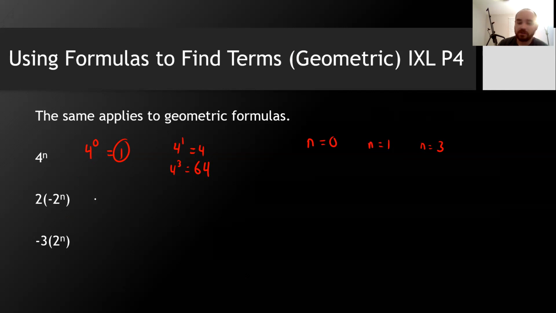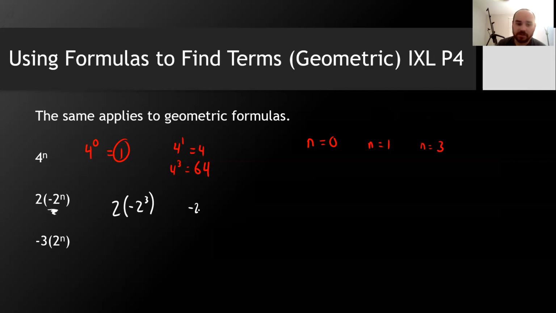So the next one, I'm going to solve for the third term. I'm not going to bother with the 0 and the 1. So we have 2 times -2 raised to the power of 3. Now, it is important to notice here that I am kind of doing something that I told you not to do during the exponent unit. Because this term is in parentheses, it gets a little bit confusing as to whether or not you should change the power. If you're having a negative number down here, it's always going to switch back and forth between being a positive and a negative.